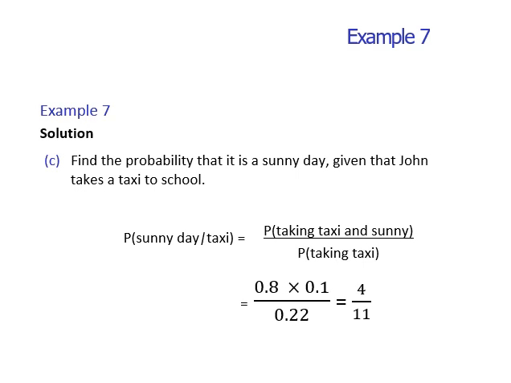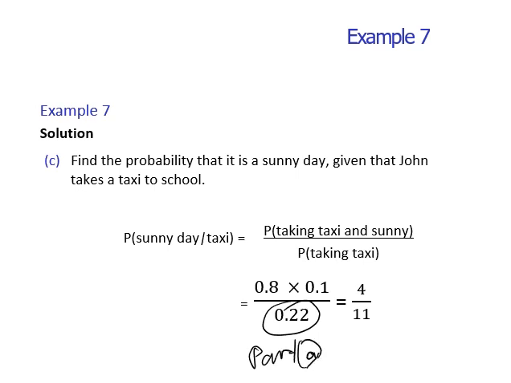First, you have to go back to what is the probability that John is taking a taxi and it's sunny. It's the same thing as sunny and taking a taxi, or taking a taxi and sunny. It doesn't make a difference. When you go to the tree diagram, you find that it is 0.8 times 0.1. And for taking a taxi, we found this number, 0.22, from your part A. Correct?